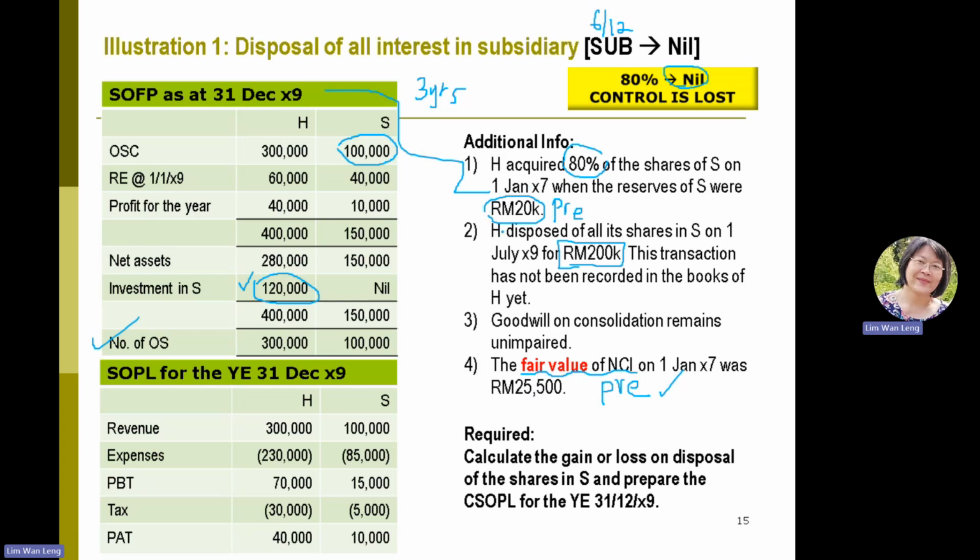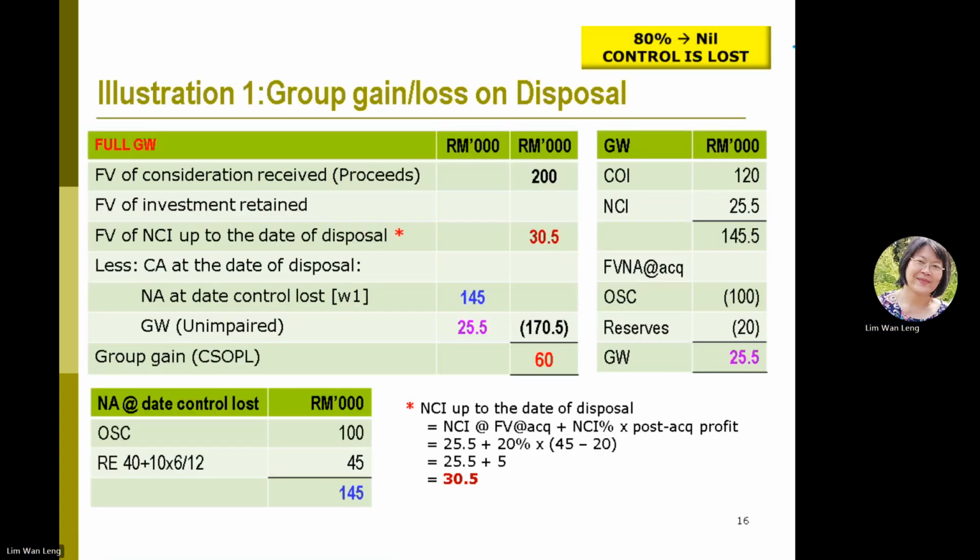So you add and subtract, and you get the goodwill. Okay? Then the goodwill remains unimpaired, but you know that the goodwill will also have to be eliminated because at the end of the day, you are no longer connected with the group. This is your goodwill computation. Take the cost of investment, NCI at fair value, which is given to you.